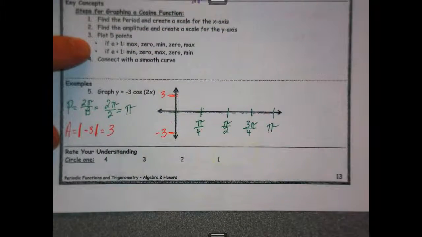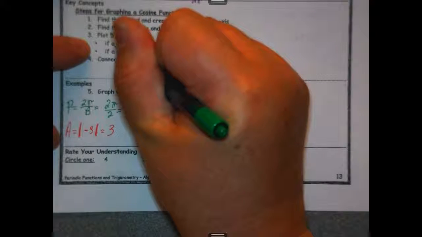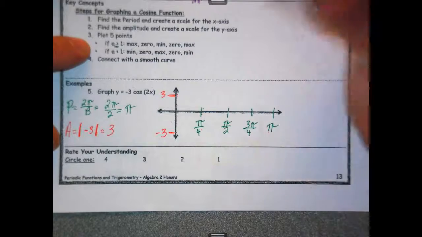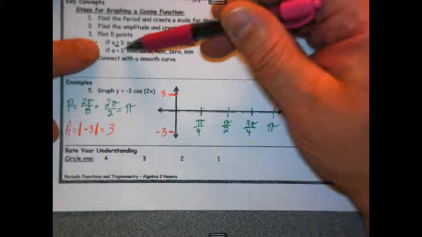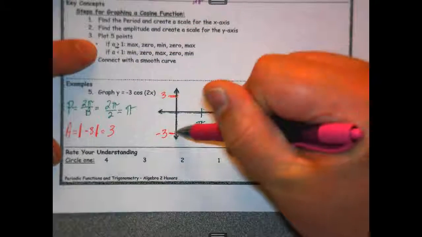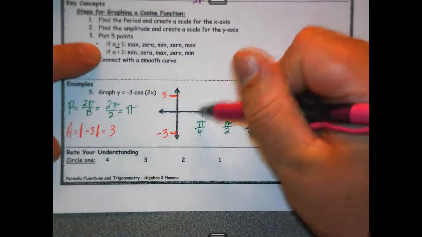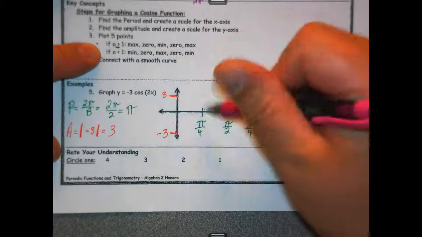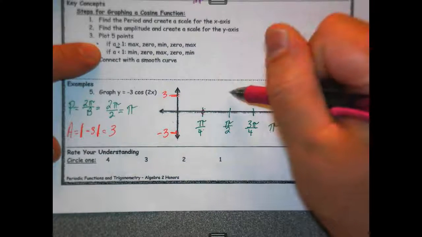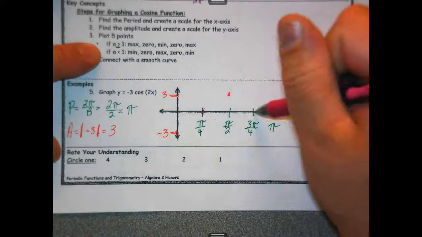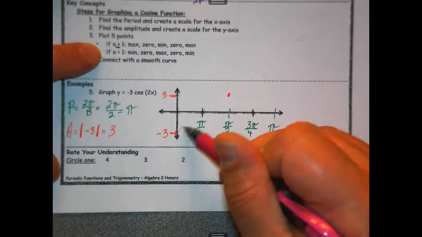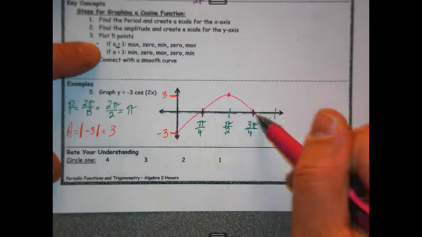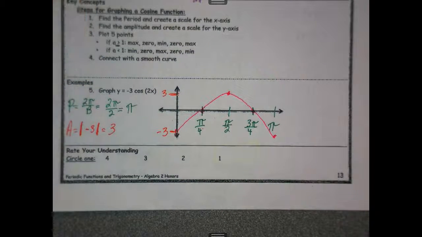All right, so our little a is negative 3. Negative 3 is less than 1, so we start at the min. We're going to go to 0, then we're going to go to max, then 0, then min. This is the cosine function. You guys happy? Cosine function.